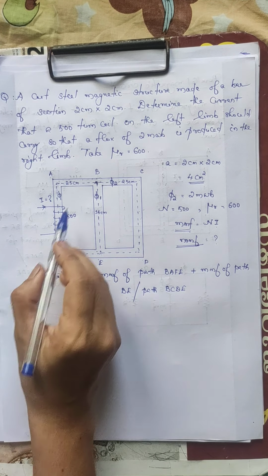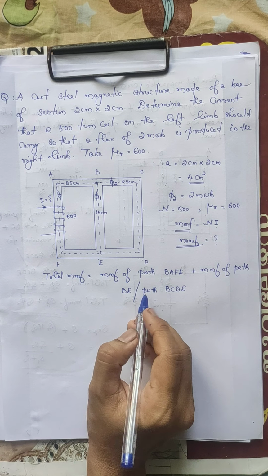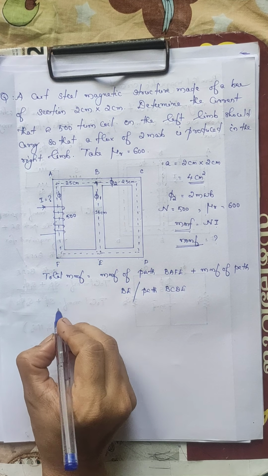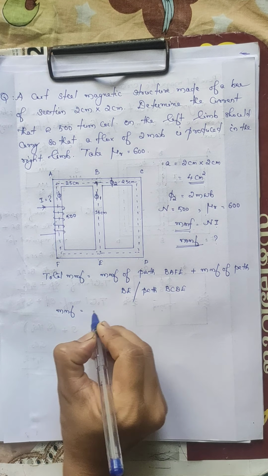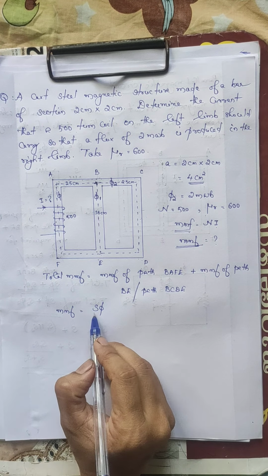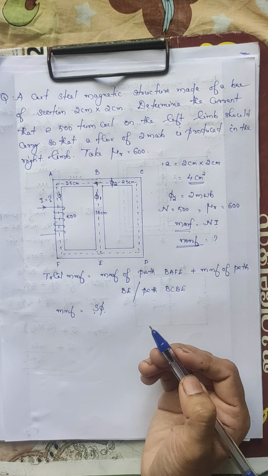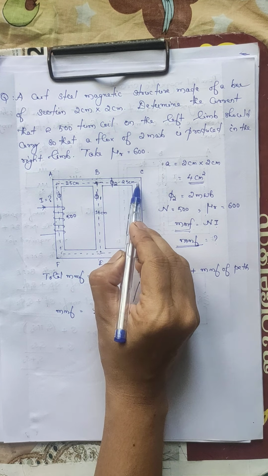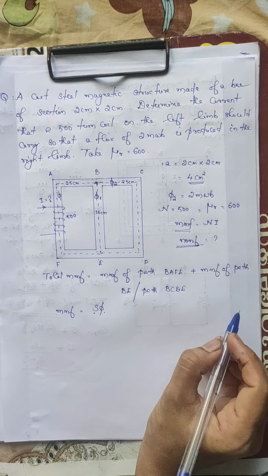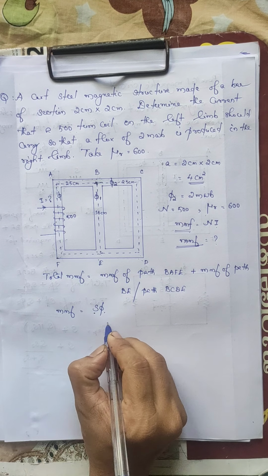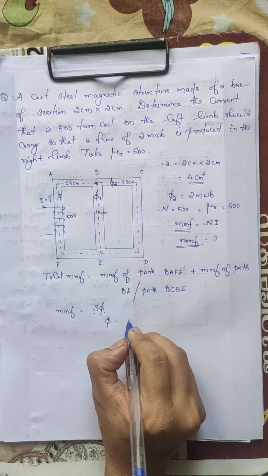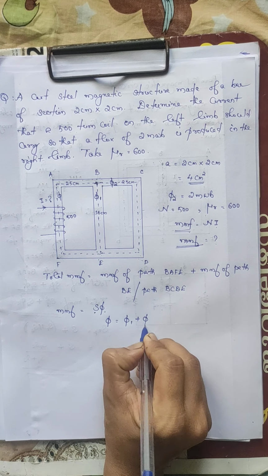Now how will we calculate the MMF of path BAFE? We know that MMF is equal to S into phi. So for calculating the MMF, we need to know the reluctance as well as the flux. We also know that the total flux phi, that is the flux produced on the left limb, is equal to phi 1 plus phi 2.